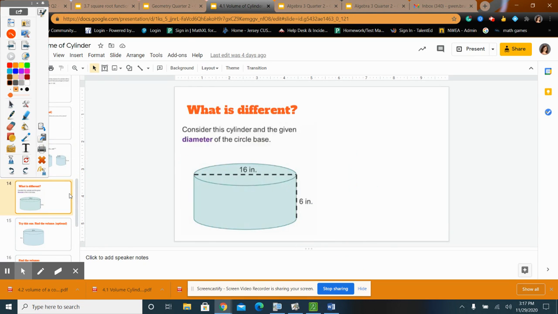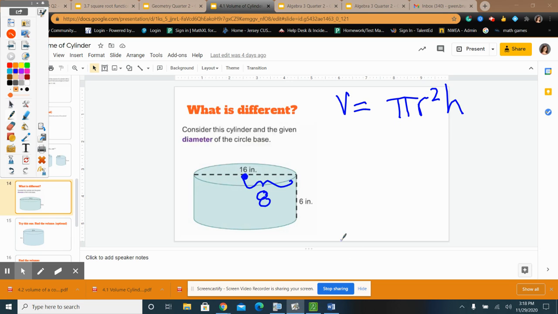Okay, what happens if they give you a diameter and not a radius? It's not going to be a problem for us because we know what the formula is. It's pi r squared h. We just need the radius. Well, we can get the radius because remember what we know, the radius is half of the diameter. So the radius is just 8. And we'll use the 6 for the height. We'll just plug it right in. Pi times 8 squared times 6.